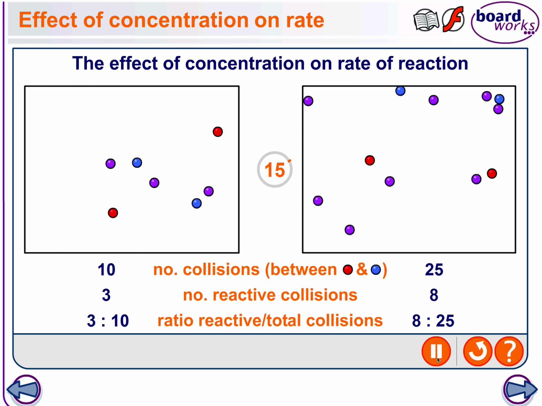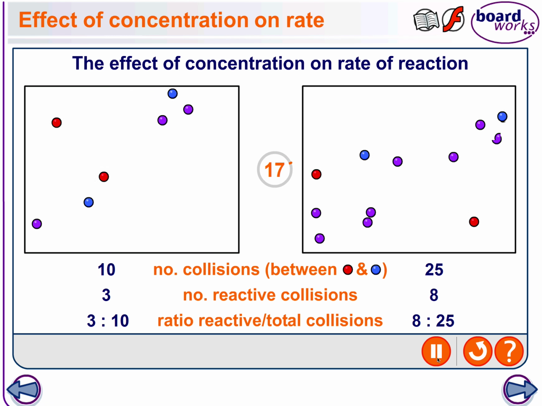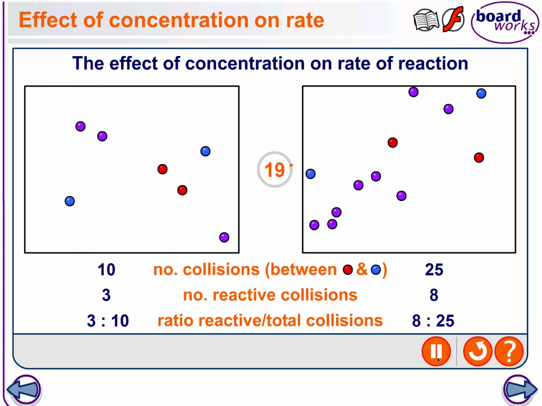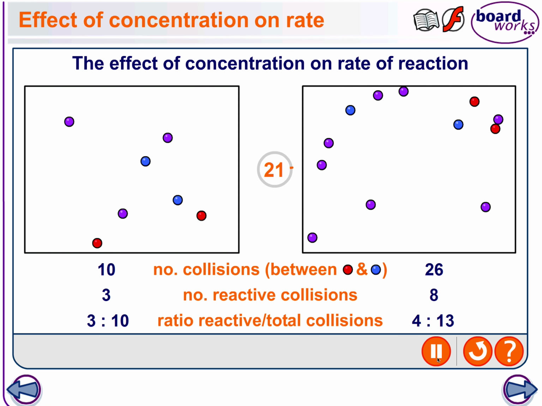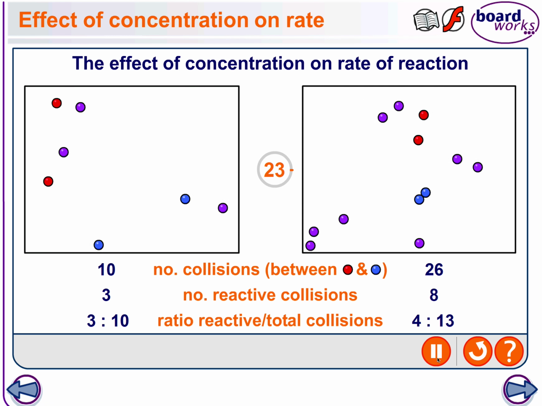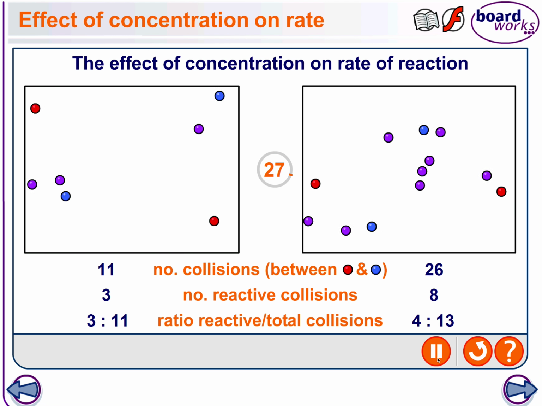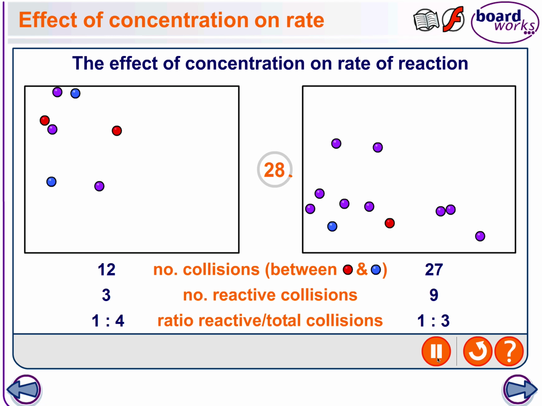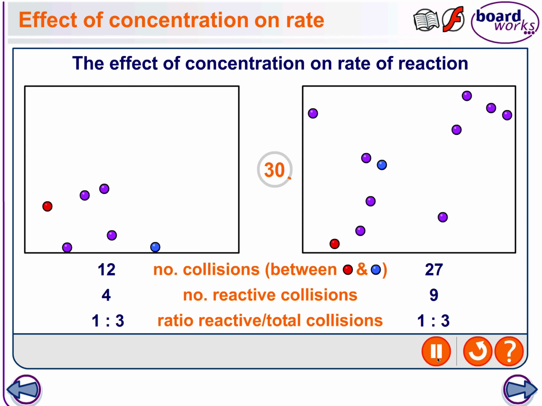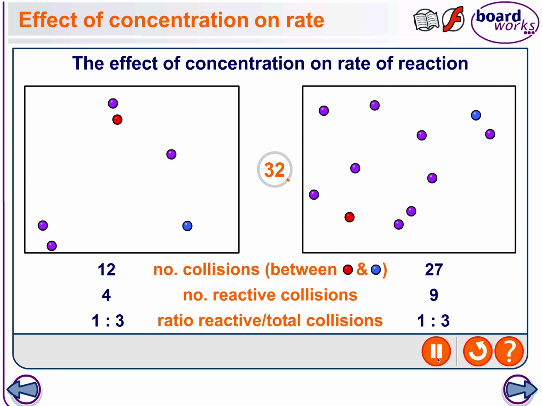But the reason why we've had more purples produced on the right hand side is because the concentration of reactant is far greater on the right hand side, therefore we've ended up with a higher rate of reaction. There's been more collisions, essentially giving us a higher rate of reaction.